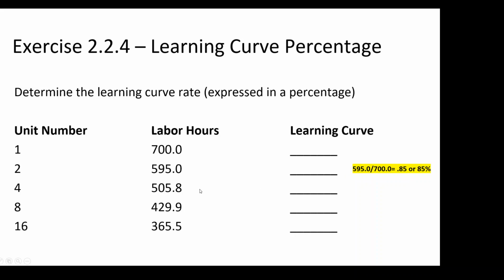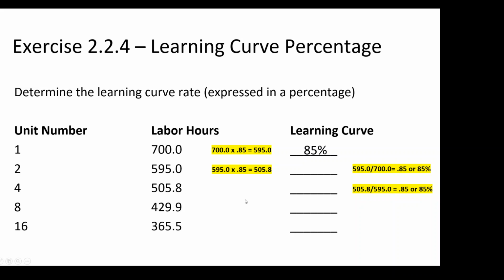Or if you do 505.8 divided by 595, your learning curve percentage should always be the same if you're in the same unit development. Then to check your answer, 700.0 times 85%, or 0.85, should give you the next value. Likewise, 595 times 0.85 should give me the next value.